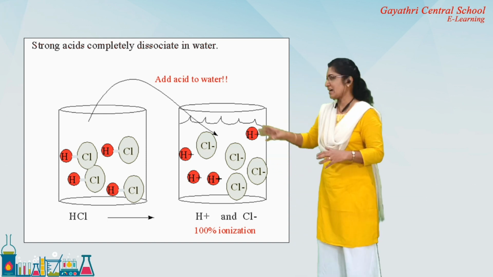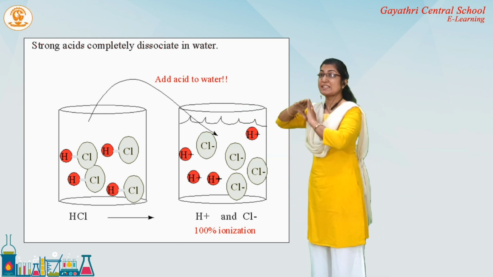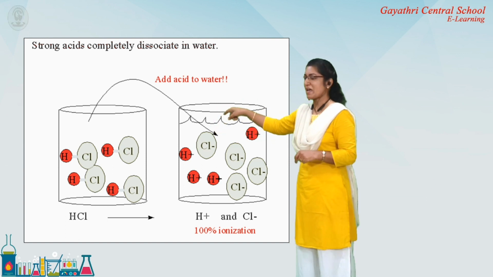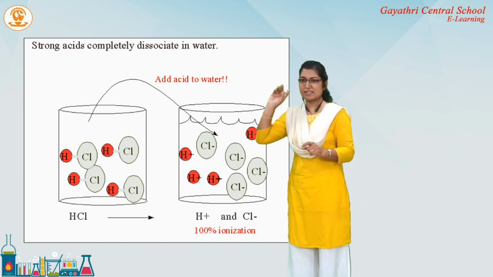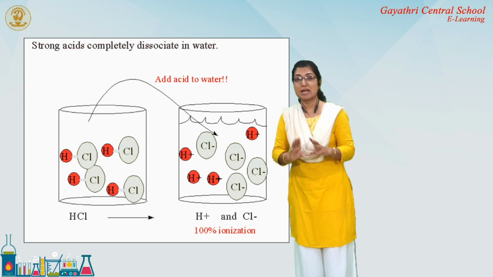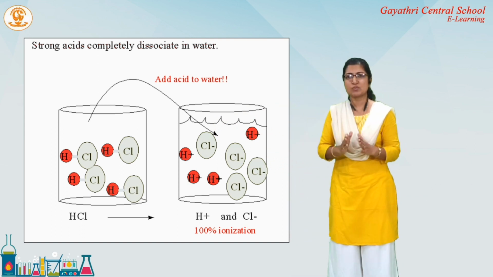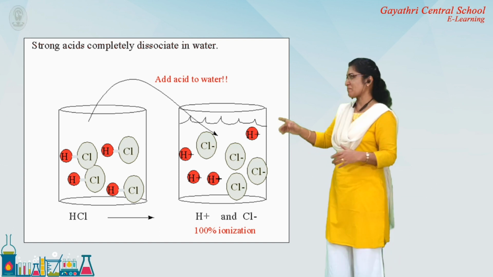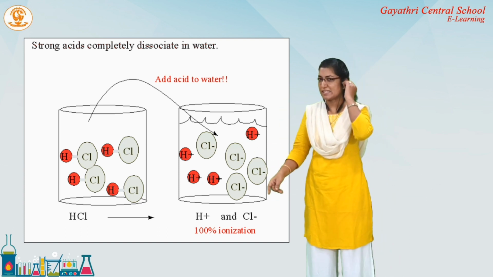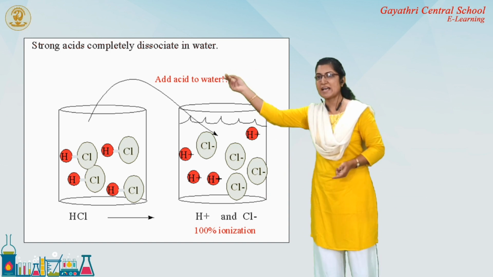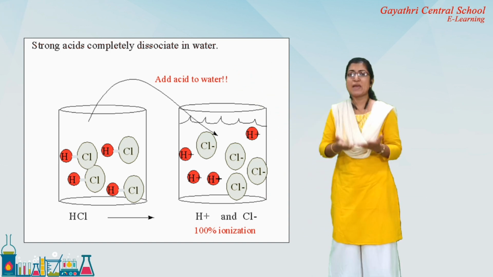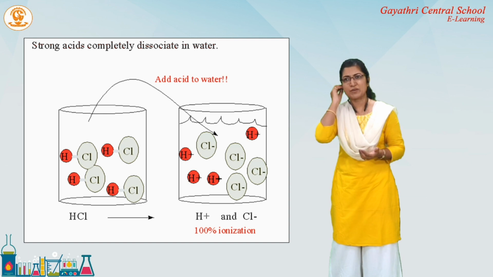Acids which dissociate completely we call strong acids, and acids which dissociate partially we call weak acids. So acids can be classified as strong acids and weak acids, depending on their ability of ionization.